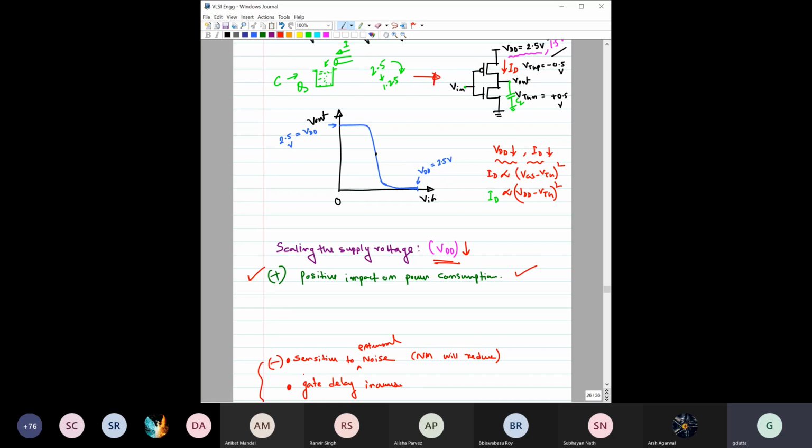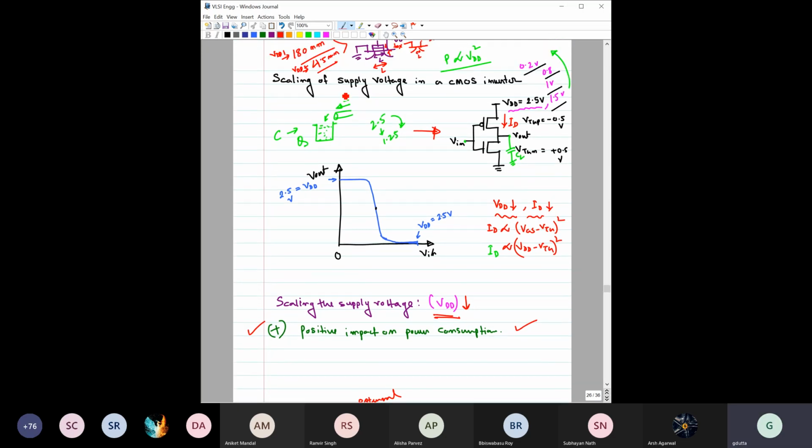If you want to achieve something on this side, obviously we are going to lose something on the other side. Now let us come back to the previous question. What is going to happen if this VDD is reduced from 2.5 to 1.5? The answer is, if you reduce it to 1.5, nothing will happen in terms of this VTC.